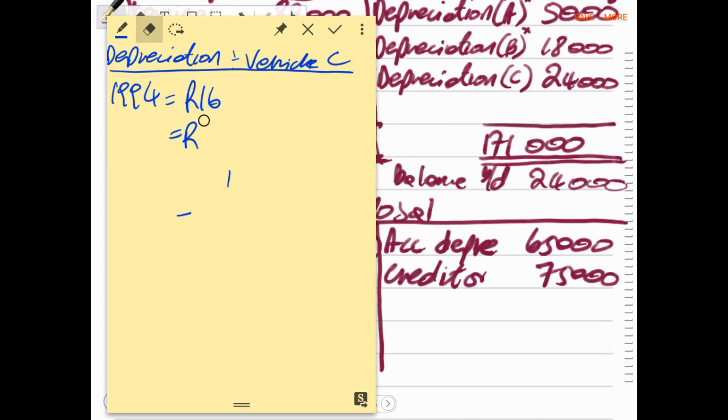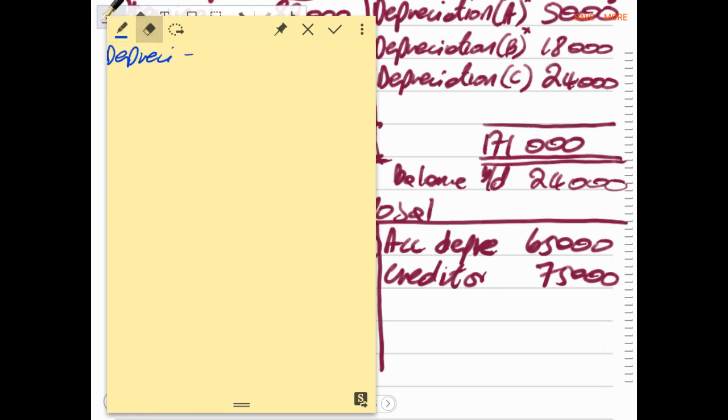We know that motor vehicle A has a cost of 100,000 rands. So now, if it has a cost of 100,000 rands, we have to subtract the accumulated depreciation.